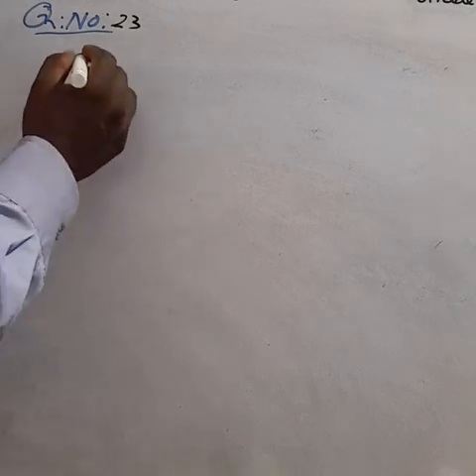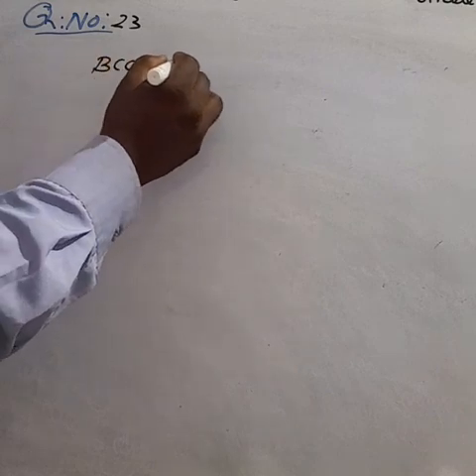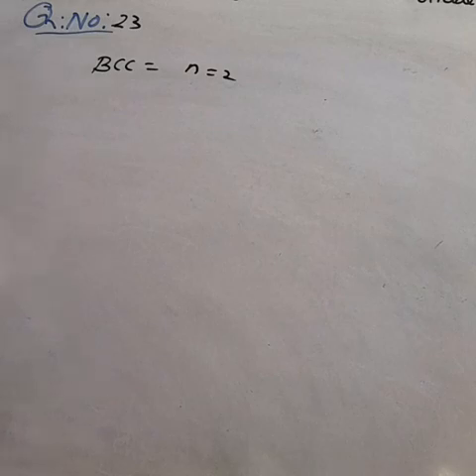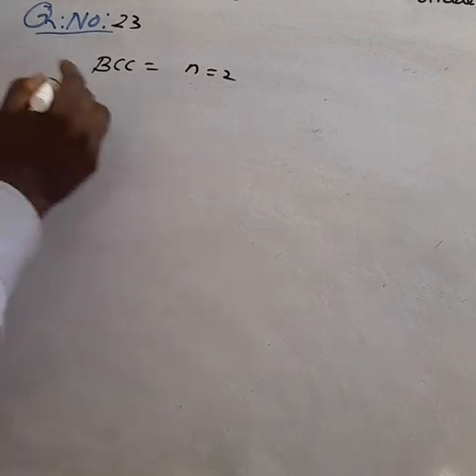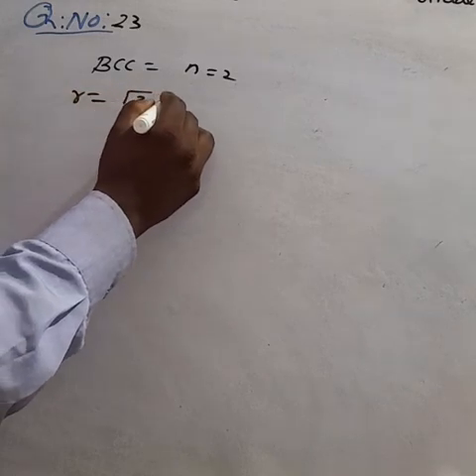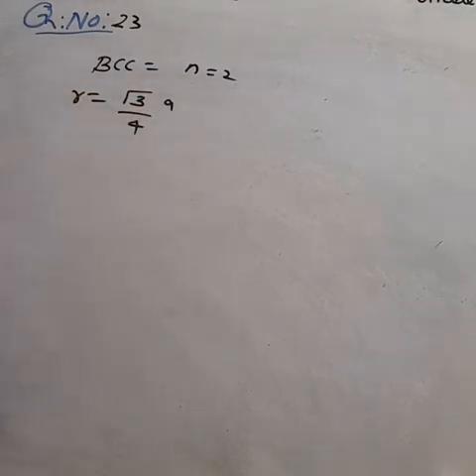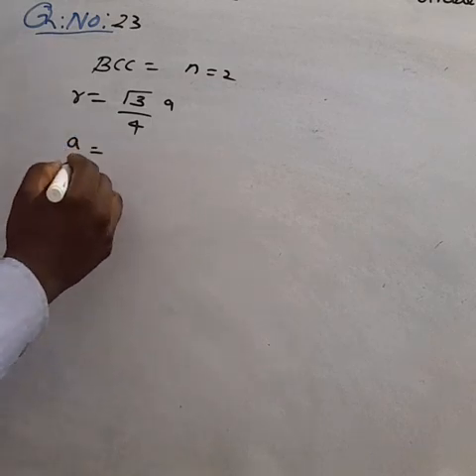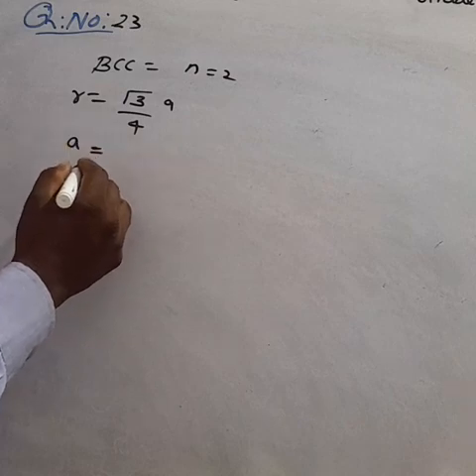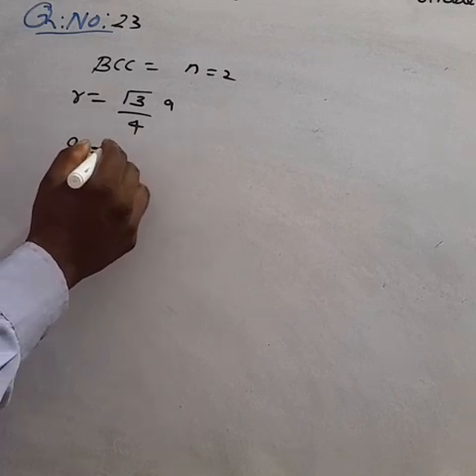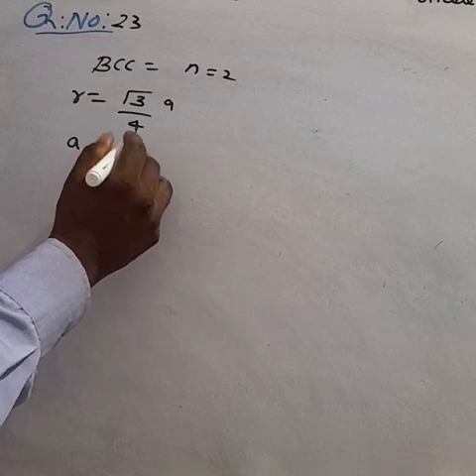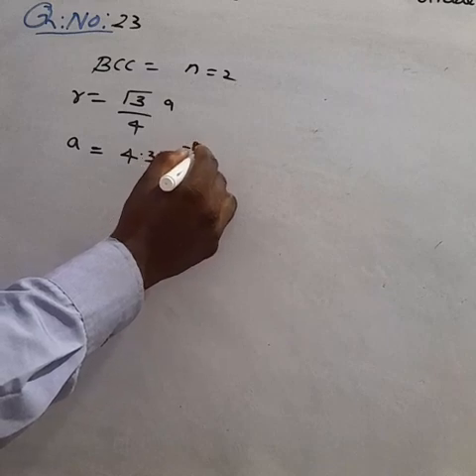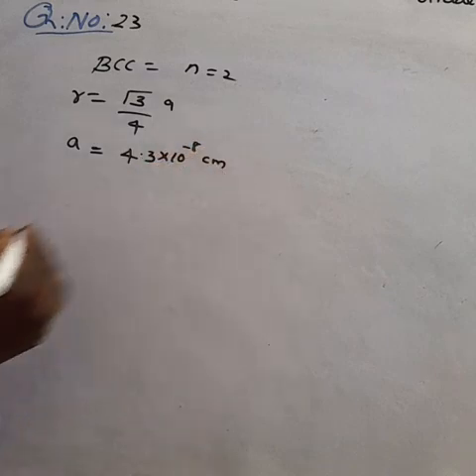For BCC, body-centered cubic, the n value becomes 2. The radius of sodium is r equal to root 3 a by 4. Already we discussed that one. a is the given value, 4.3 into 10 raised to minus 8 centimeter.